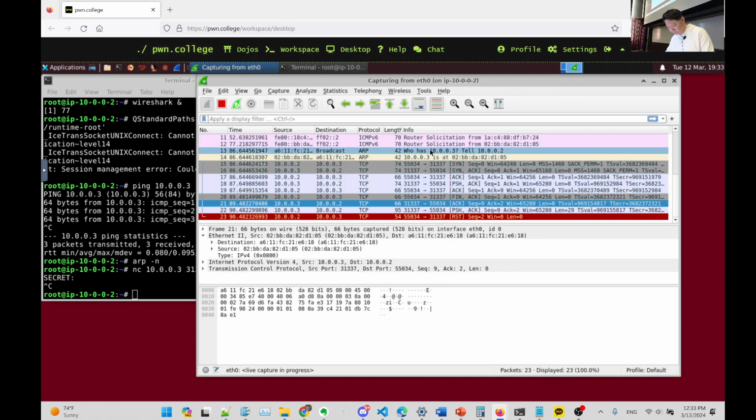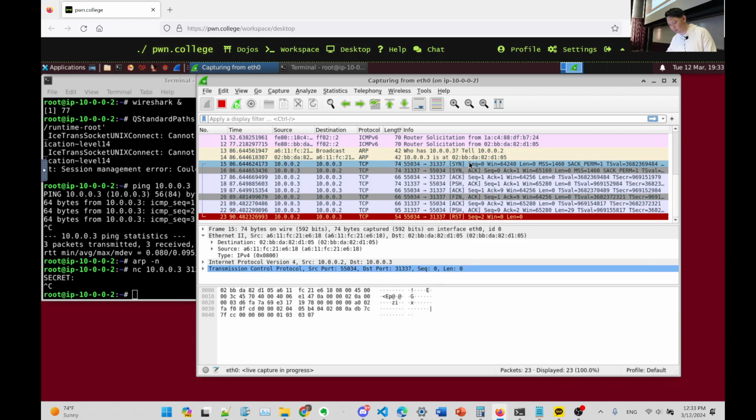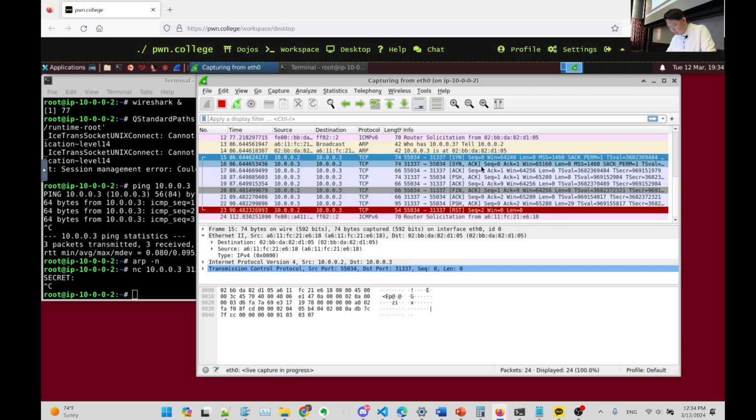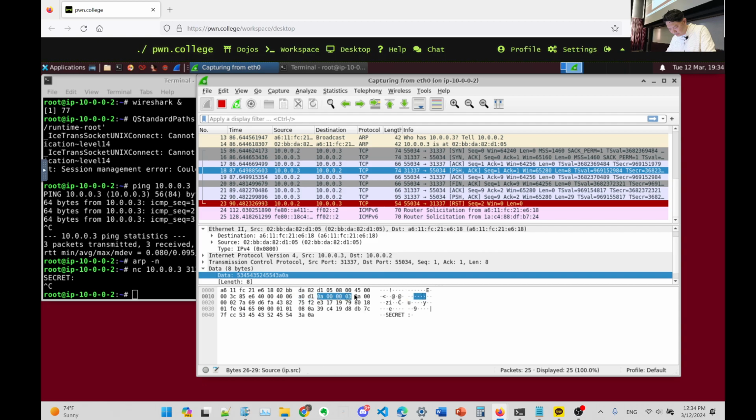So the first one is an ARP packet, right? Who has this IP? The IP is at this MAC address, goes to ARP packet, and then the three-way handshake with the SYN packet, right? Sequence number 0, the relative number, and second SYN-ACK, and third again ACK, and then the data transmission with the push flag, right? So in this case, the length is 8. So what's the content of the data here? Yes, it has the characters secret, right?